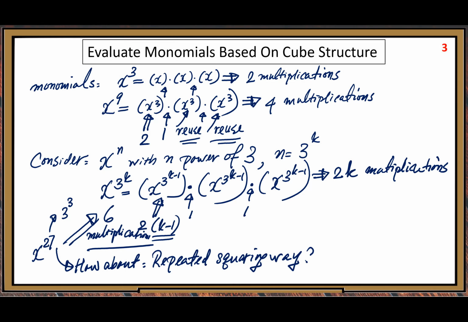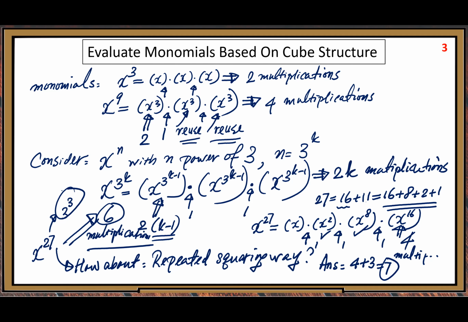If you really want to apply repeated squaring, you need to pay a little higher cost, because the structure may not be quite compatible. Square structure and cube structure are not that compatible. That will make you pay a little higher cost.